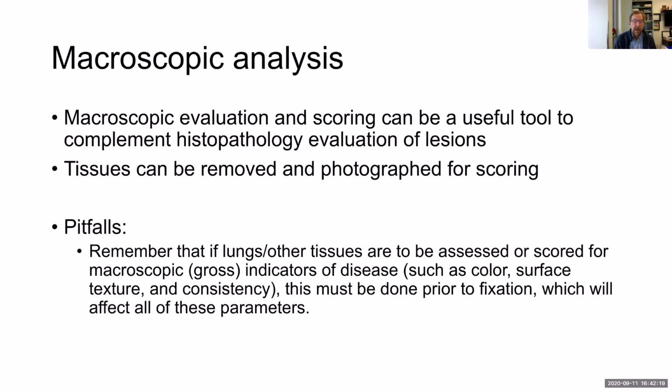There may be settings where it's important to photograph and score tissues either before removing them from the animal, or if you remove the heart and lungs en bloc, for example. But it's also important to remember that you need to do this prior to fixation, otherwise you'll change everything you're trying to look at in terms of the color and surface texture, etc.